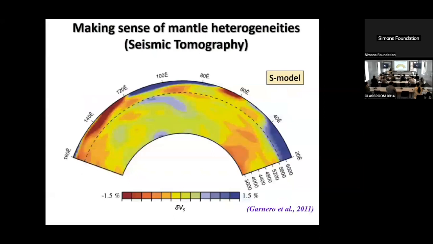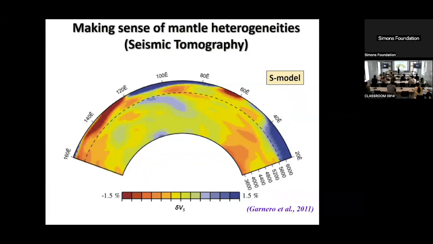Today, we have more information. Of course, there are lateral velocity variations caused by lateral temperature variations, and seismic tomography is performed with the seismic waves. This is a shear velocity model. And there is a great deal of correlation between fast regions. This is the range of lateral velocity variations, for example.